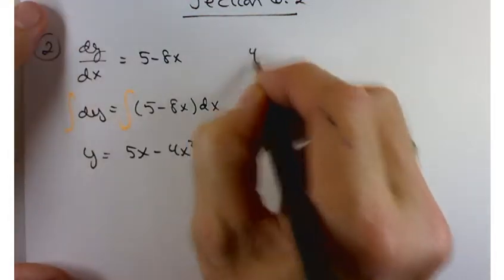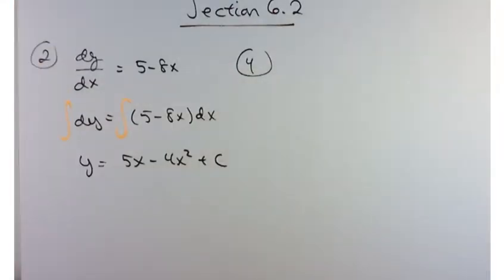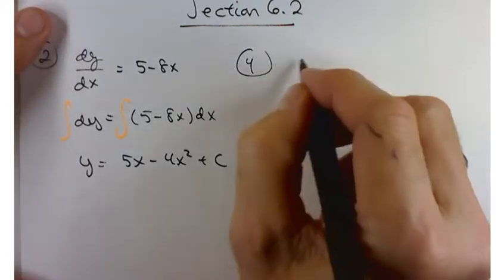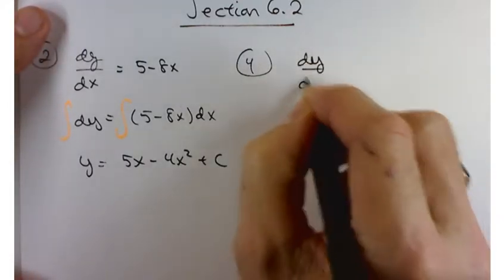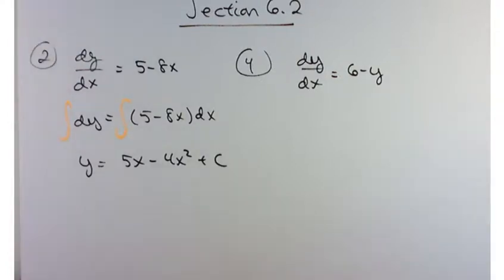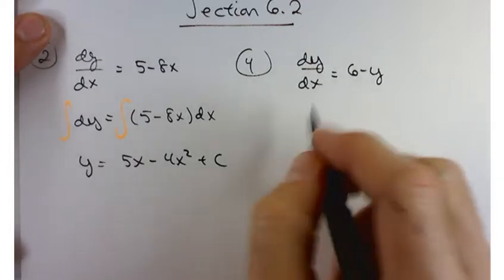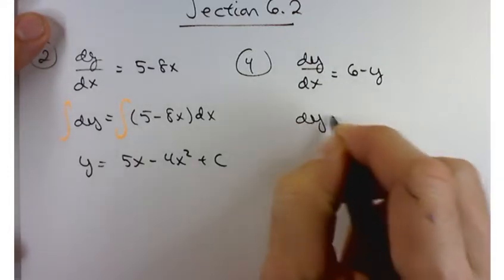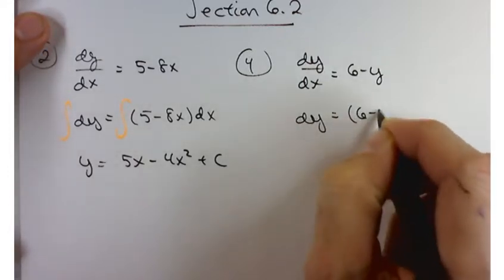Let's try one that's a little bit more challenging. That's problem number 4. dy by dx equals 6 minus y. Like the last one, I'm going to start by getting rid of the fraction here in the differential. So multiply both sides by dx.